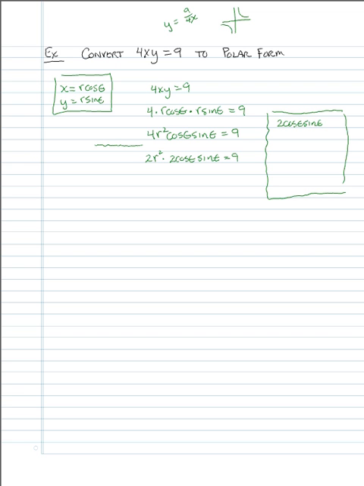Now that 2 cosine theta sine theta, let me rewrite that differently. That's the same as 2 times sine of theta cosine of theta. And the reason I've done that is that it reminds me of an identity. And that identity is the sine of 2 theta is equal to 2 sine theta times cosine theta.